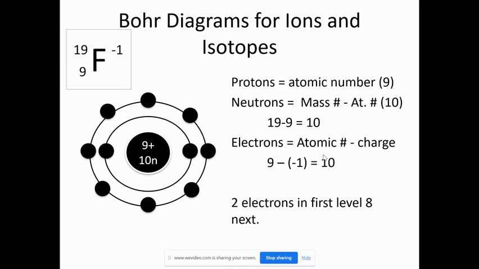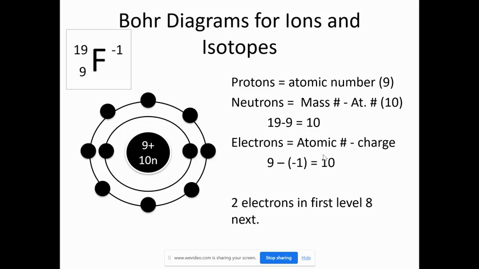This is an isotope and an ion. Okay. So if you have something where they give you just the formula, it's a fluorine with a -1 charge. The atomic mass is up there at the 19, and the atomic number is 9. So let's go through this step by step.